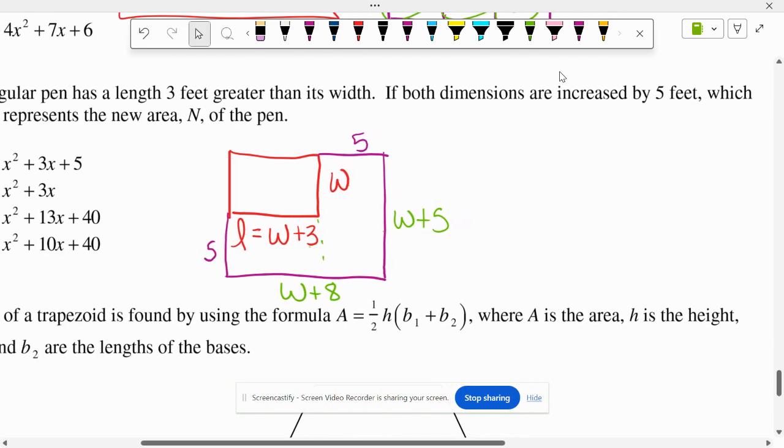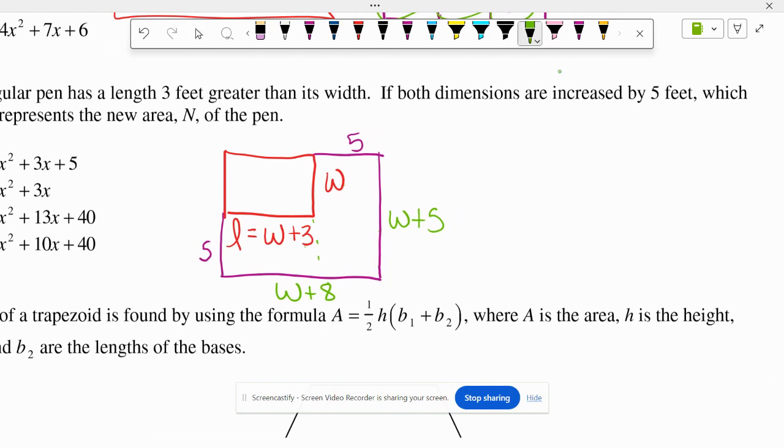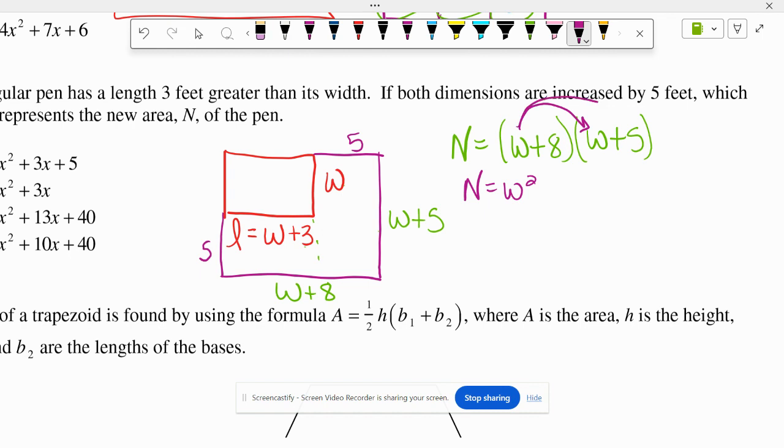So it asks me to find the area of the new pen. So the area equals, well, length W plus 8 times my width W plus 5. Seamus, do you want a box or do you want to use arrows? W times W, Seamus. Awesome. W times 5.